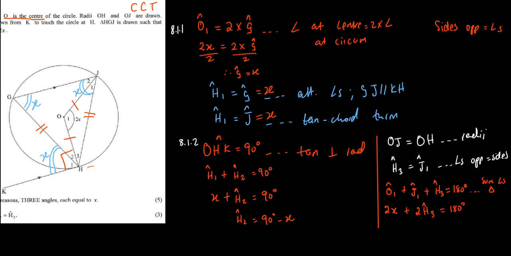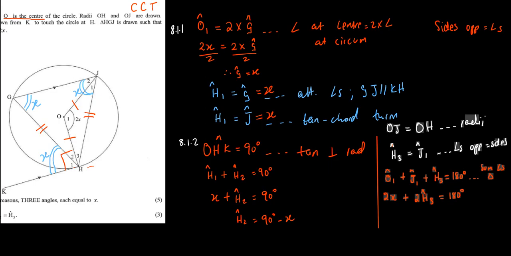Now, if I take 2x to the right, I will have 180 minus 2x, right?